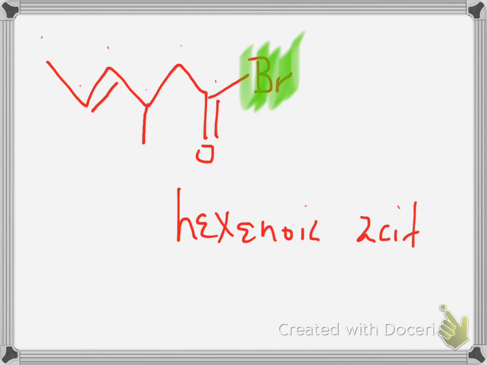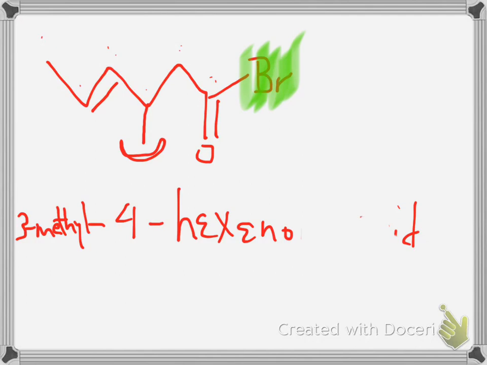And we have to give a locant for the double bond, so it's 1, 2, 3, 4. And then we have another functional group, this one right here. And so that's 1, 2, 3, 3-methyl, 4-hexenoic acid. Okay, now we want to drop the ic acid and add in the correct ending. So we add in a YL, so now it's 3-methyl, 4-hexenoyl bromide.